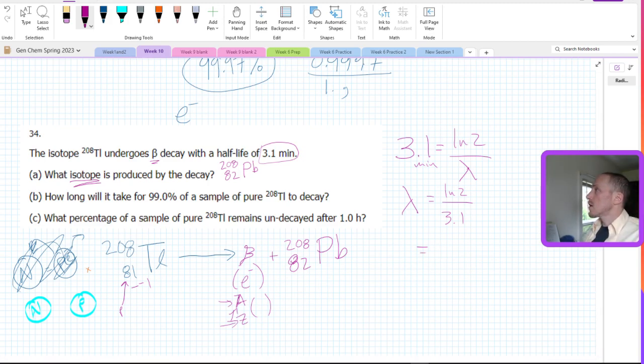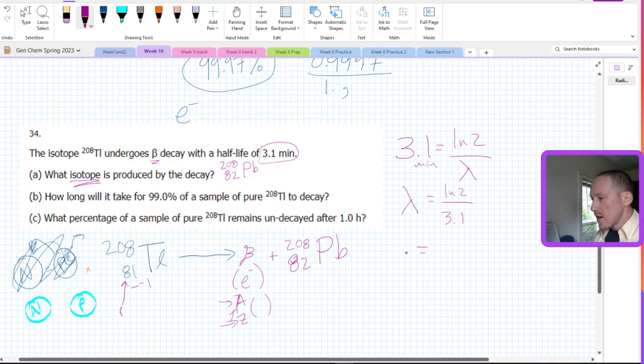So it looks like the decay rate is 0.22359 per minute. So we're going to lose that fraction of our initial concentration every minute.